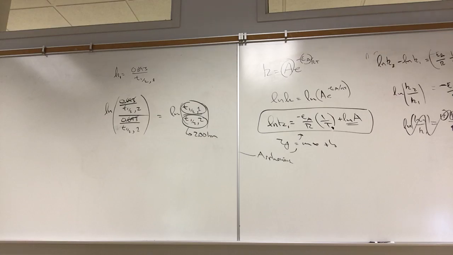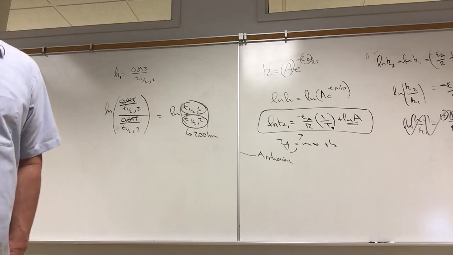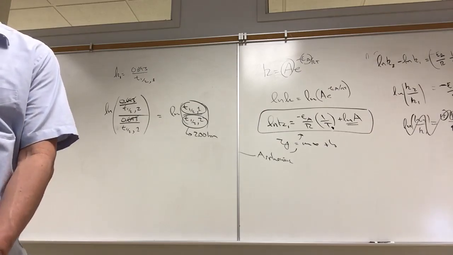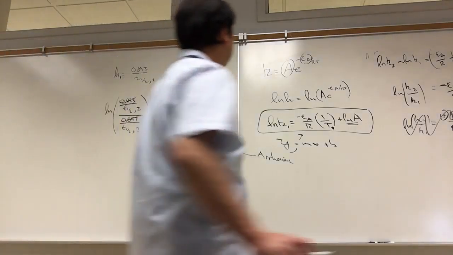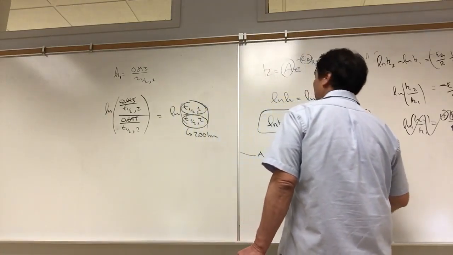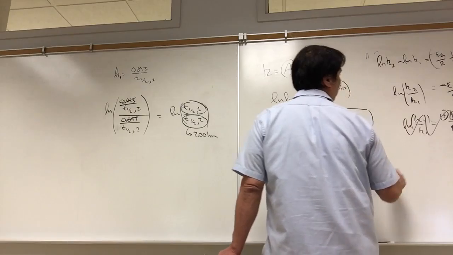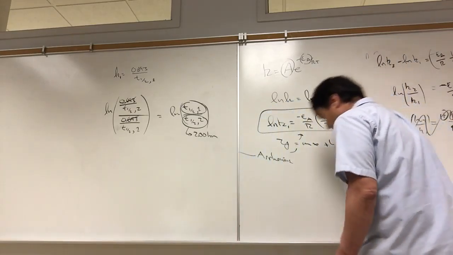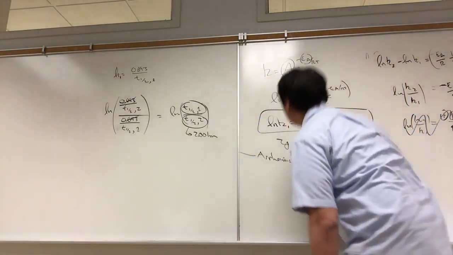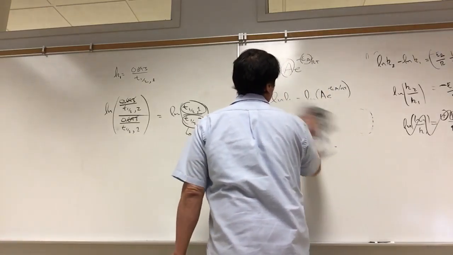So we've got to use the data from the plot. We want to figure out T2, but we need to know what T1 and K1 are, or T1/2 for temperature 1.